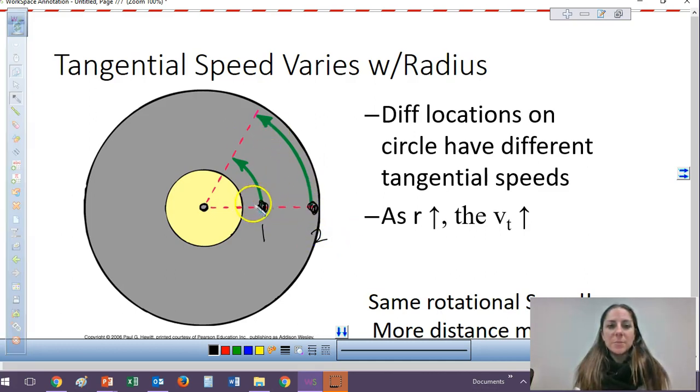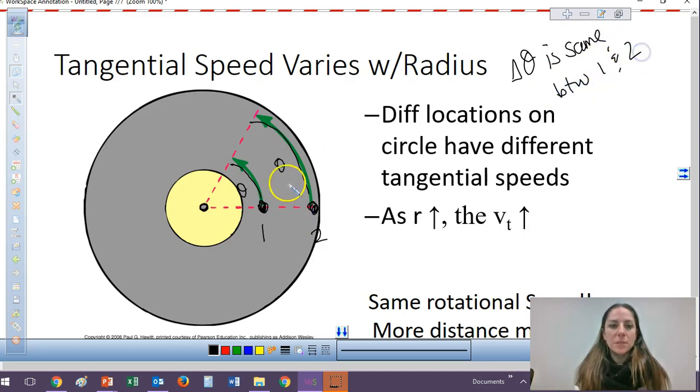How many spins did they make? Well, this angle here is the same angle here, even though it's bigger. This angle measurement is the same. I can expand this as long as I want. So the change in rotation is the same between 1 and 2. I hope that makes sense to you.